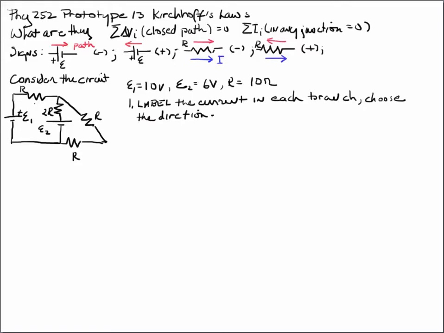Now go ahead and label the current in each branch. Choose the direction you think the current is going to go.